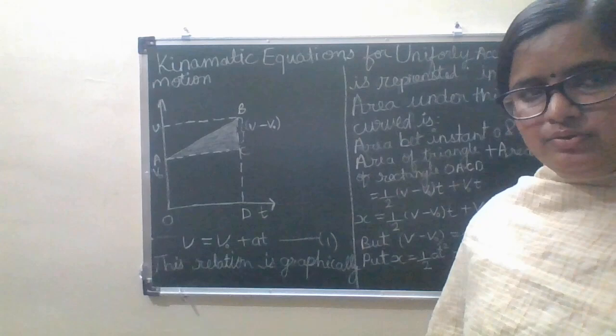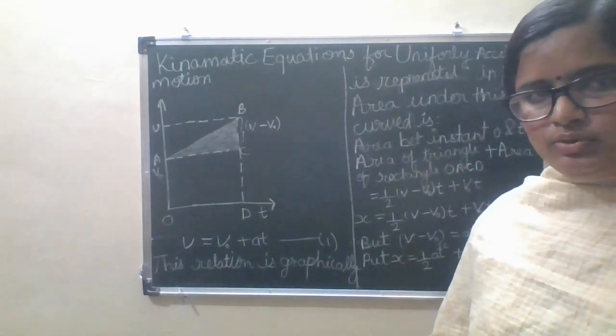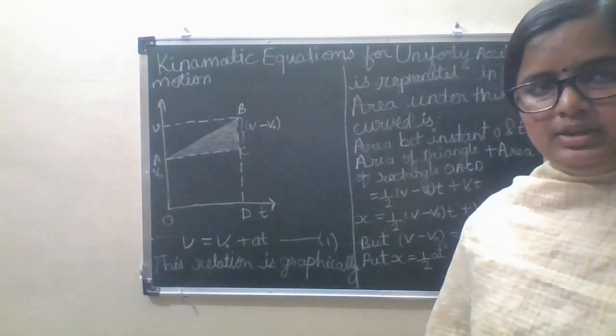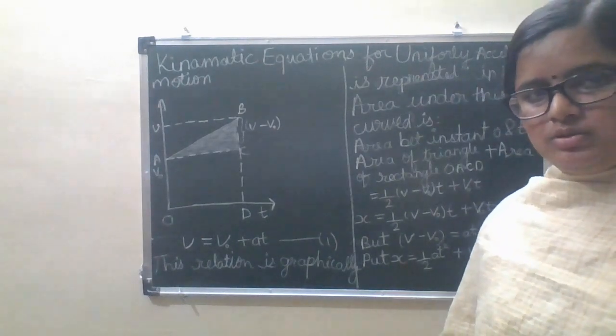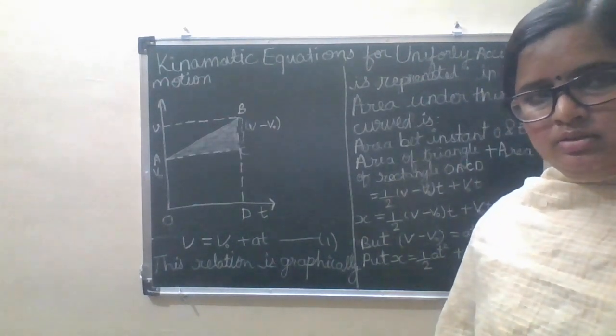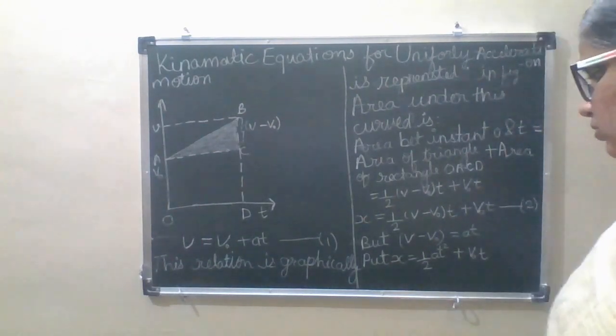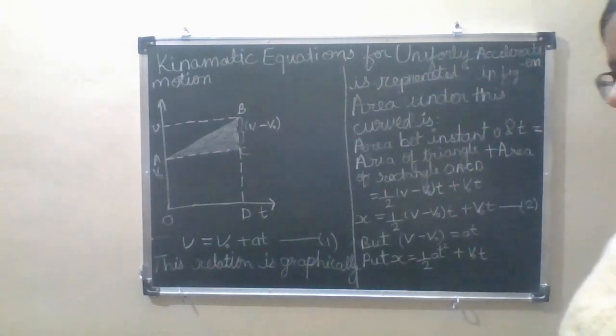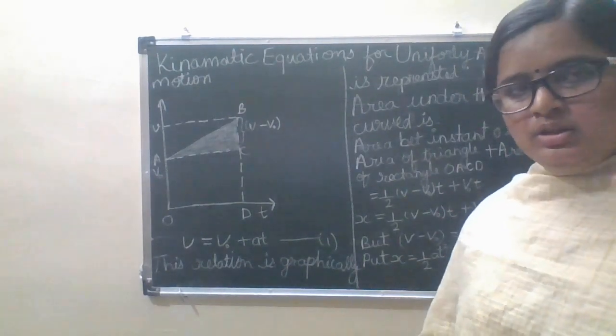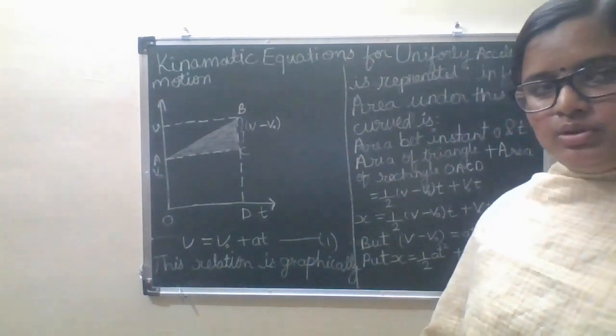Moreover, we are familiar with these equations: v is equal to v0 plus at, x is equal to x0 plus v0 t plus 1 by 2 at square, and the third one.